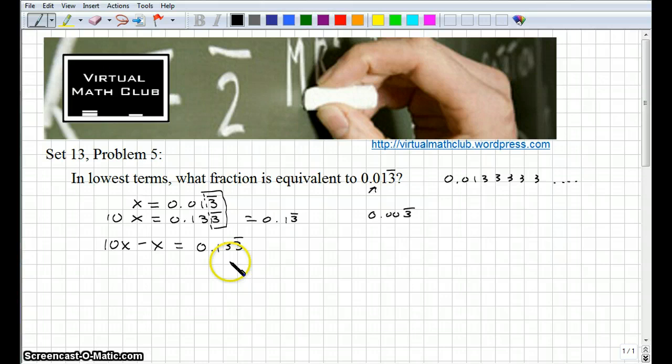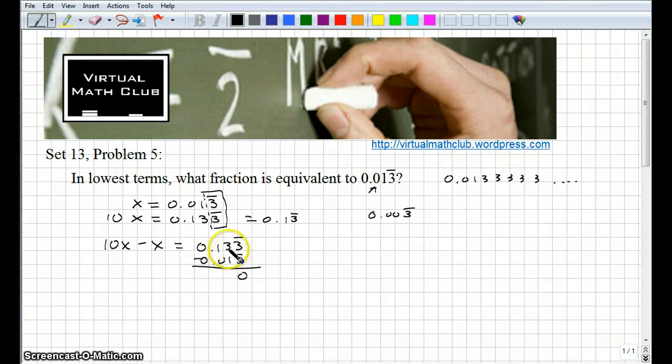Okay, so I'm actually going to write this. This is 10 times x, 0.13 with a 3 repeating. And x, I'm going to subtract it, 0.01 with a 3 repeating. And if I subtract those two, I have a repeating 3 minus the repeating 3, that's just going to be 0. Okay?